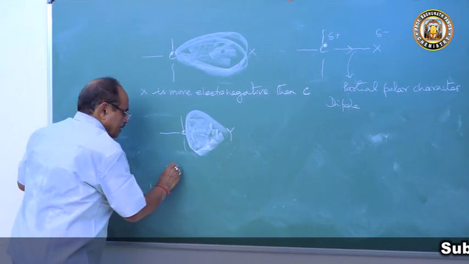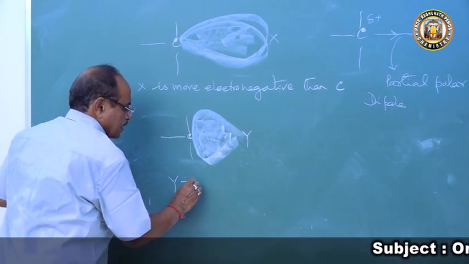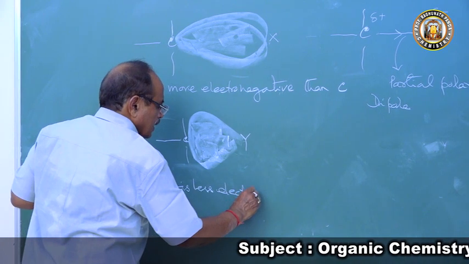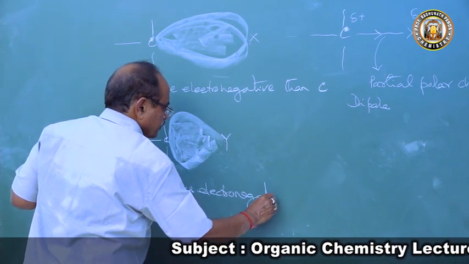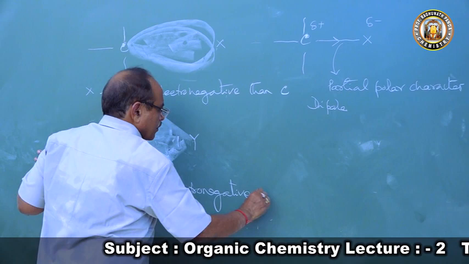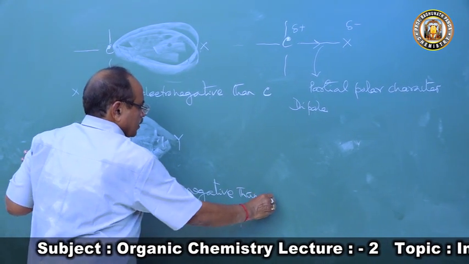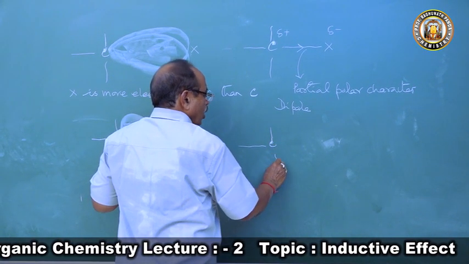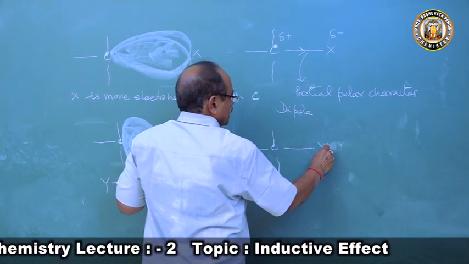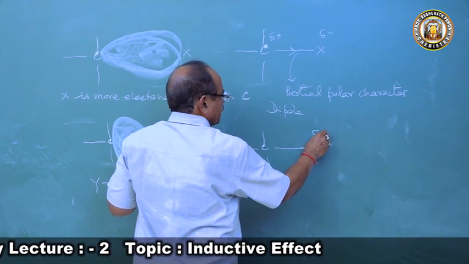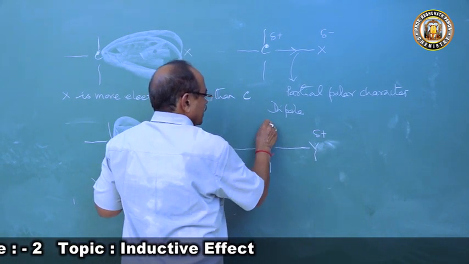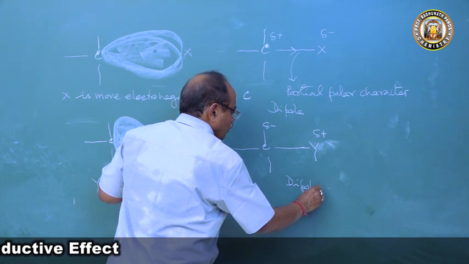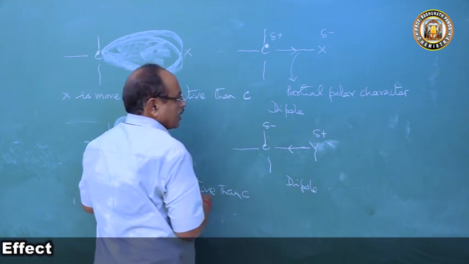Here Y is less electronegative than carbon. So what is happening here now? Because of this unequal sharing of the electron cloud, the Y gets a delta positive charge and carbon gets delta negative charge. This behaves as a dipole. The electron cloud comes towards carbon direction.